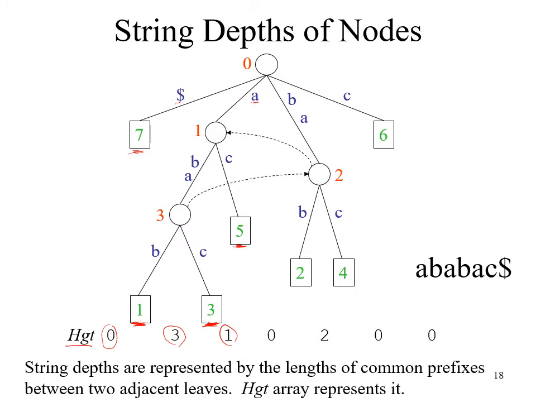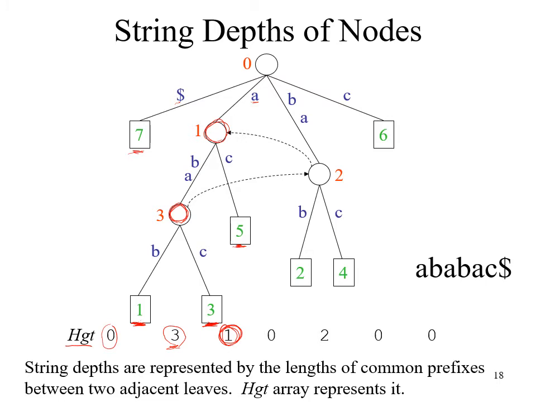And these numbers, the lengths of the common prefixes, represent the string depth of internal nodes. For example, this node is of string depth 3, and this is equal to this value. And this node has string depth 1, and it is represented by this entry.